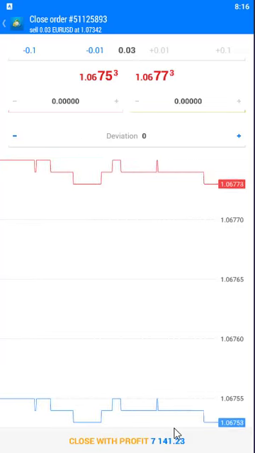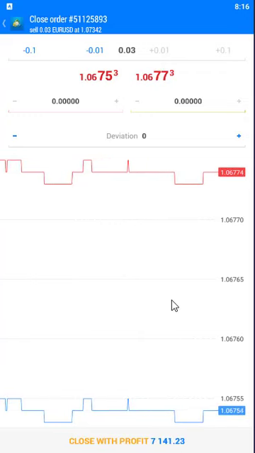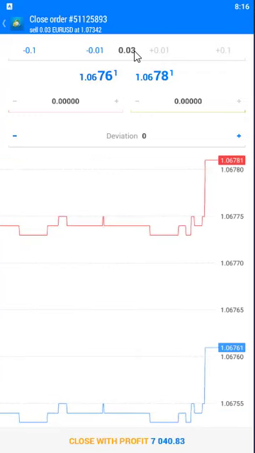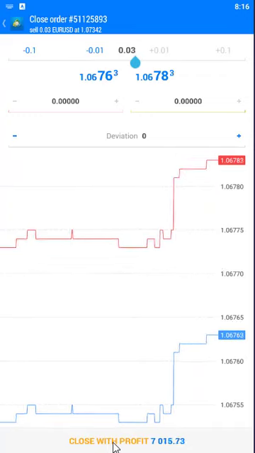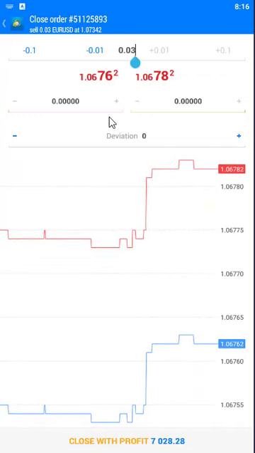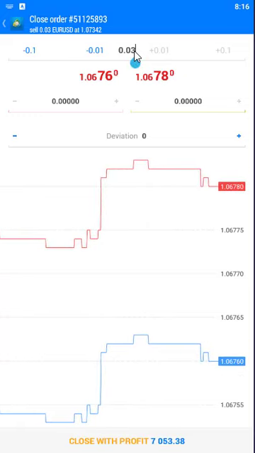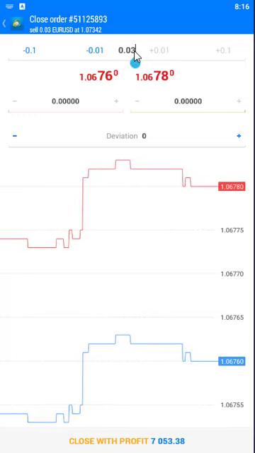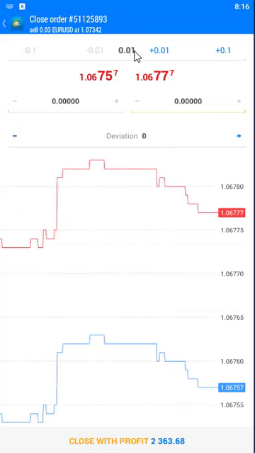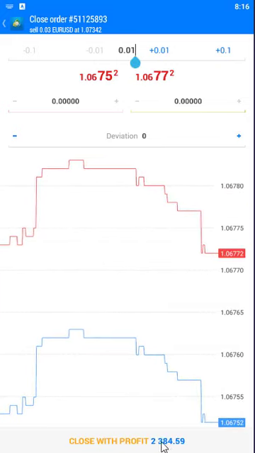That means if you divide this profit into 3, so look here, please, if I just click close with profit, it means I'm closing the whole 0.03. But if I come up here, click, your keyboard will appear, then you delete and type 0.01. If you notice, the profit has reduced. Can you see that?